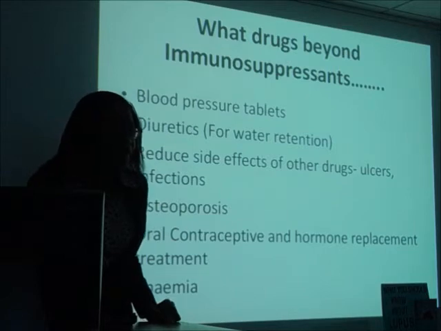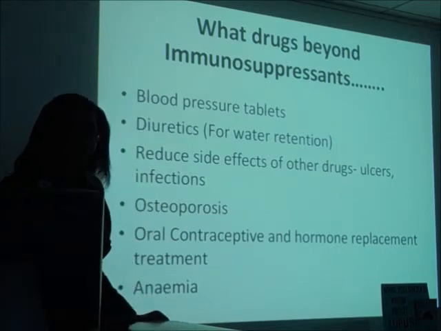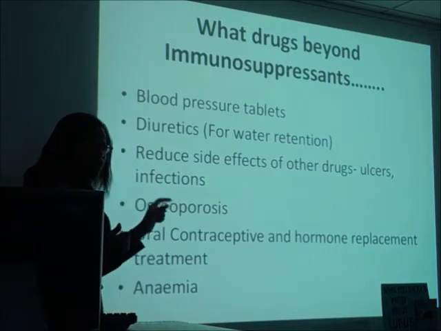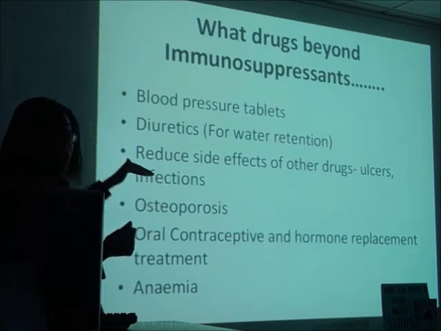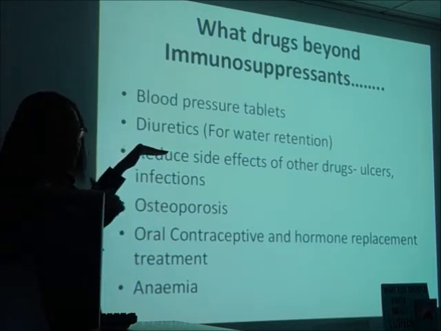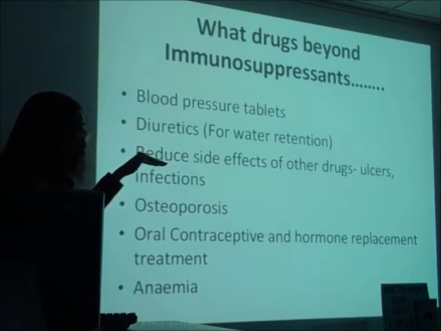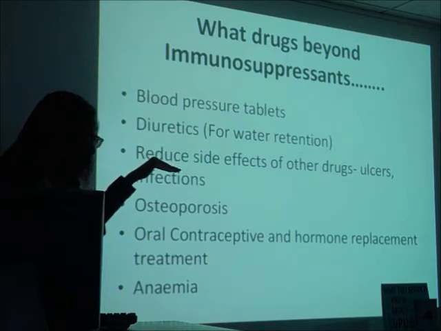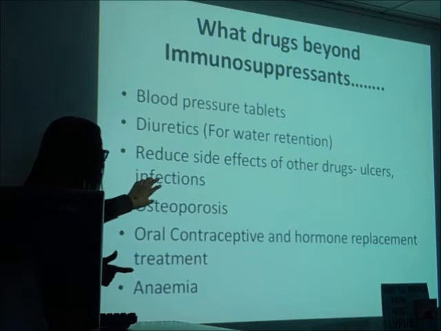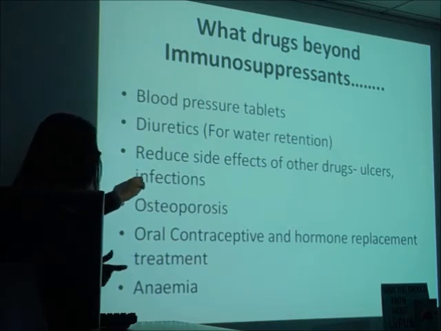Increased infection. Infections, yes. And so from the onset, what we sometimes do, especially when people are on the high doses, we give them not only antibacterials, one called cotrimoxazole to prevent chest infections. Sometimes we have to use antifungal agents, antiviral agents. So there'll be other medications to prevent the infections.